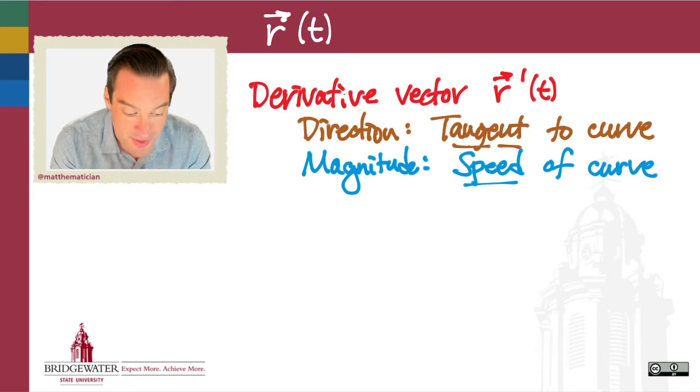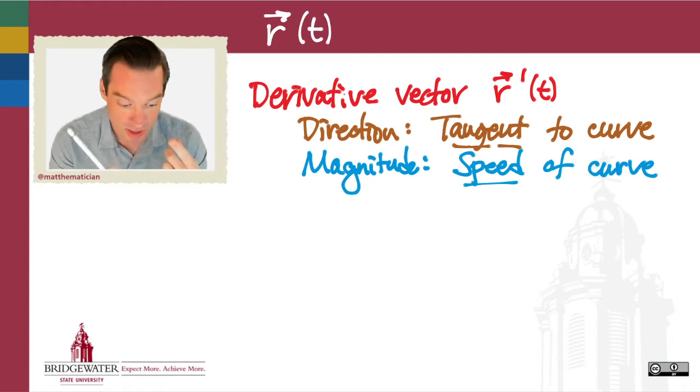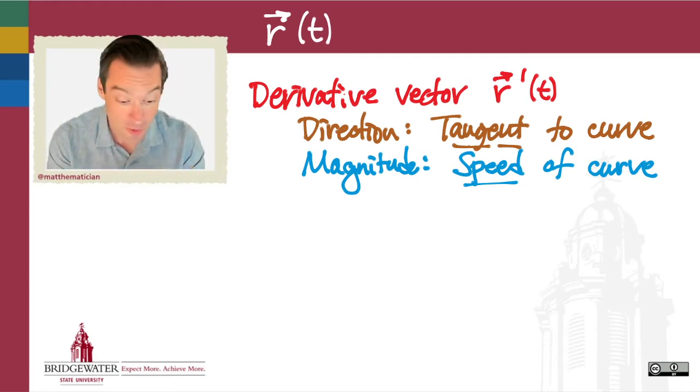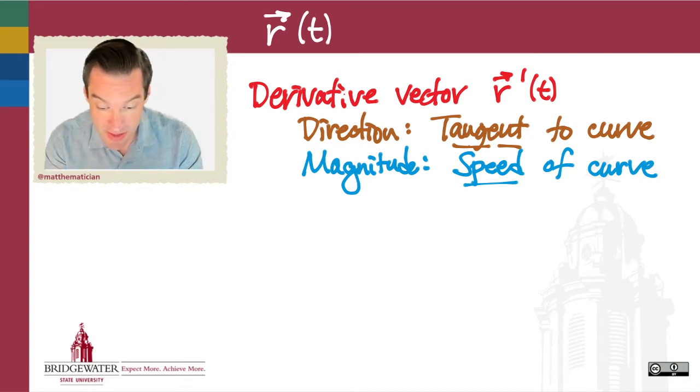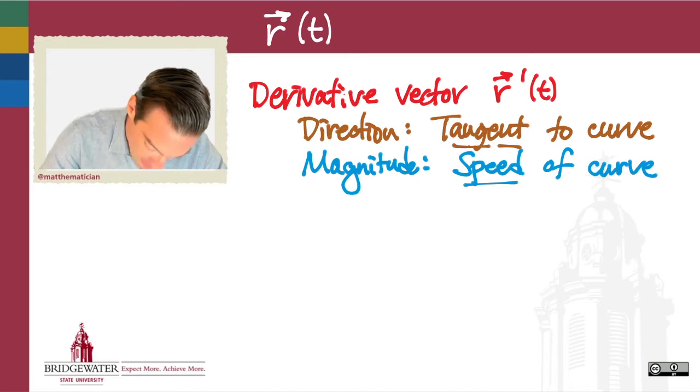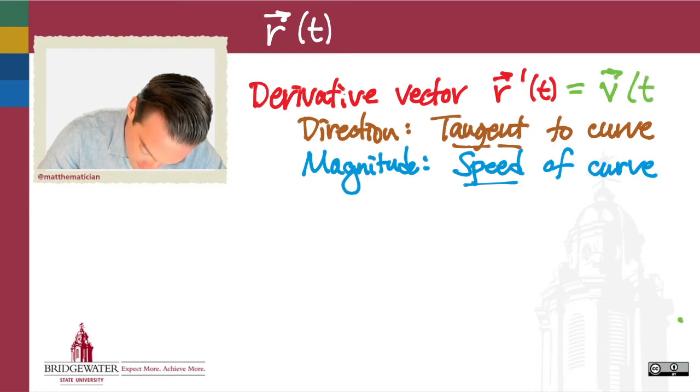Because in physics we have this terminology also, whenever we have a rate of change and a speed, and that rate of change is equipped with a direction also, a speed that has a direction associated with it is typically called a velocity. For that reason, we also often call the derivative vector a velocity vector for this parameterized curve.